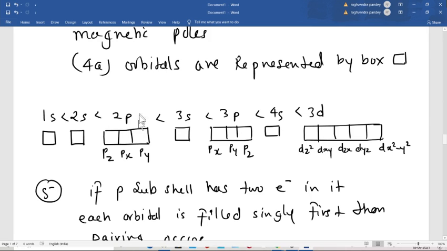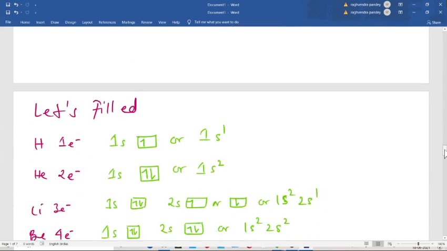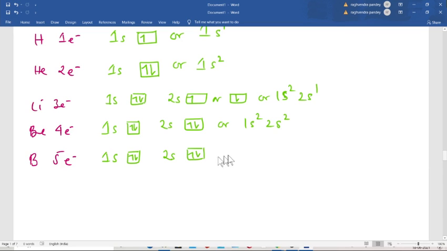After 2s, 2p will come. 2p has 3 orbitals, and we can fill only one electron. Just write px, py, pz. We can fill anywhere, no problem, upward or downward also. Because they are degenerate, their energy levels are the same, so we can fill the electron anywhere.